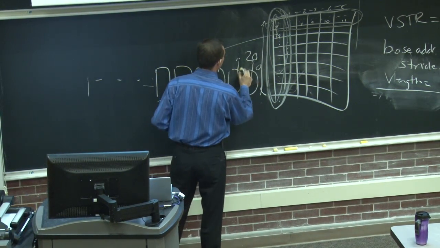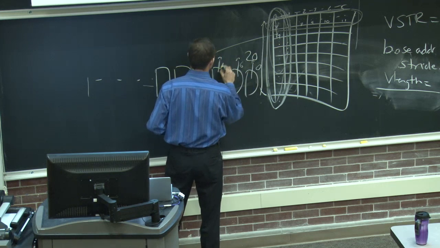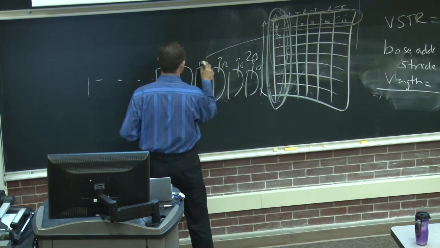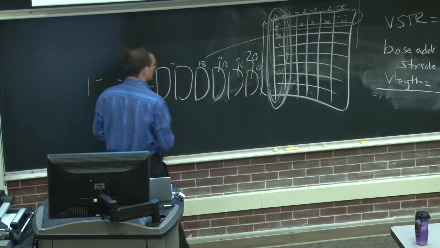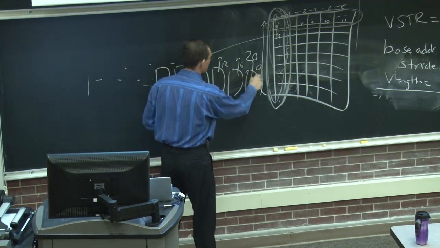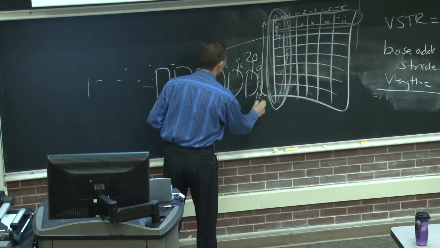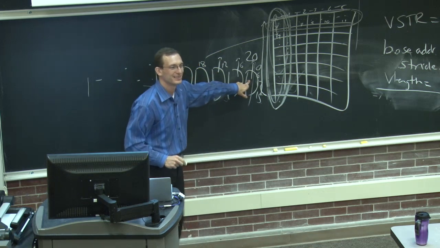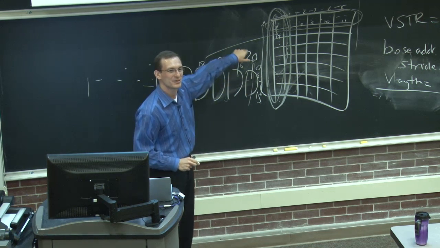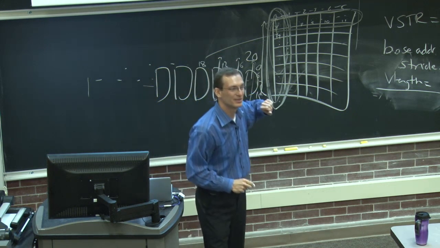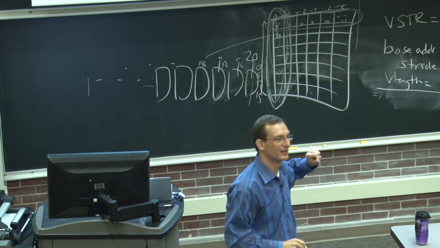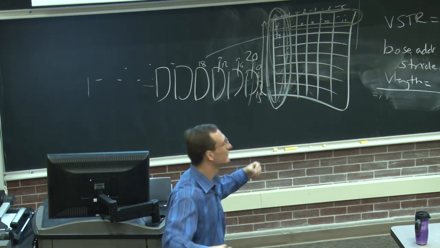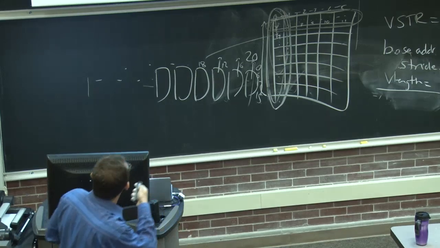Address 0 should be here, address 6 should be here, address 12 should be here, address 18 should be here. Well, if your address 0, address 6, address 12, address 18 are all here, you have a problem, right? You're not going to get all of those data elements at the same time. So that data mapping needs to be regular. And that's what he's saying here.